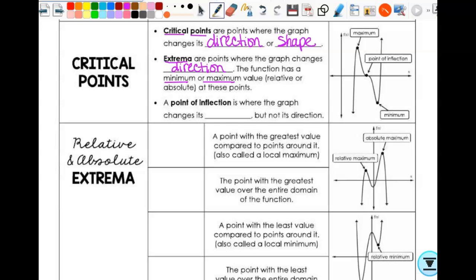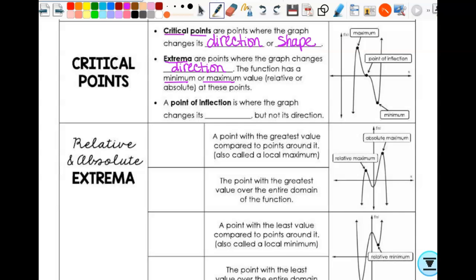But when we're talking about our y values here, my graph is increasing. My y values are increasing, and then it changes to decreasing. That's where your maximum happens. It's decreasing, it changes to increasing. That's when your minimum. So it's changing directions, going down then going up, or vice versa.